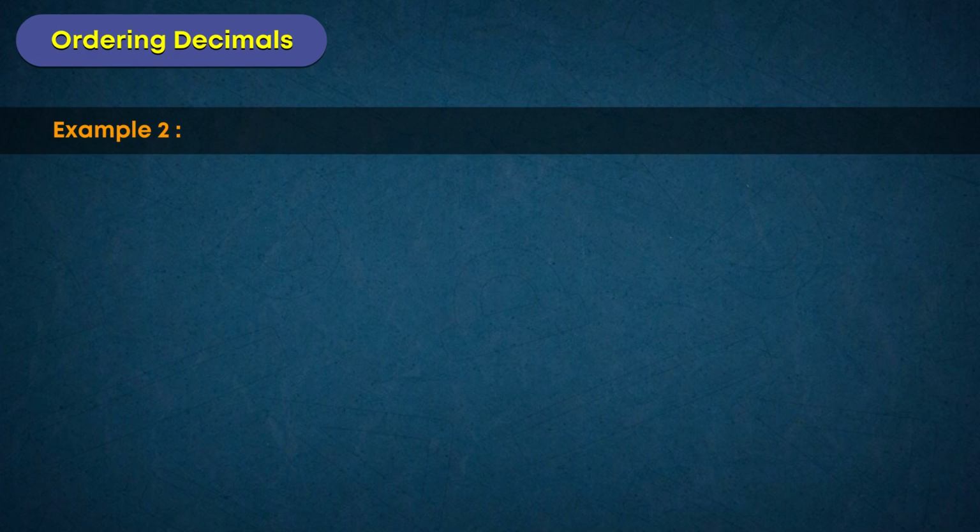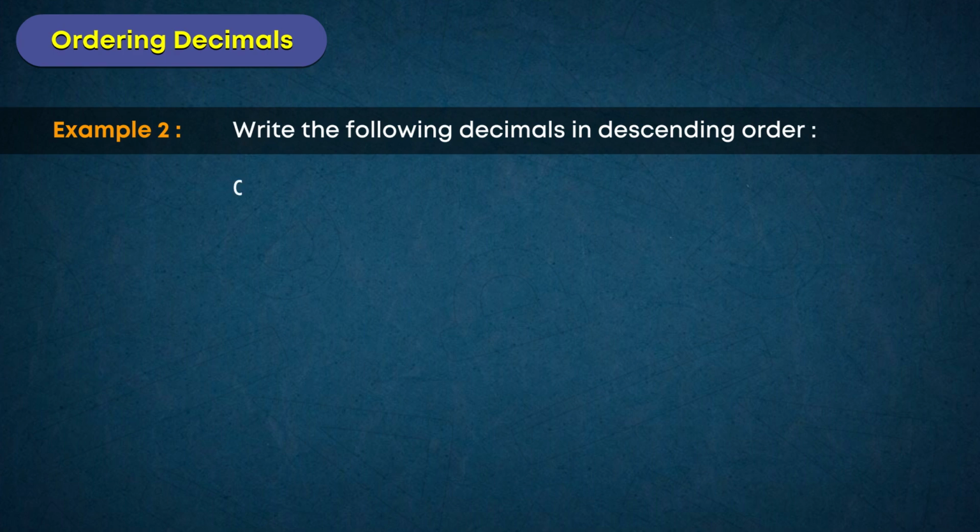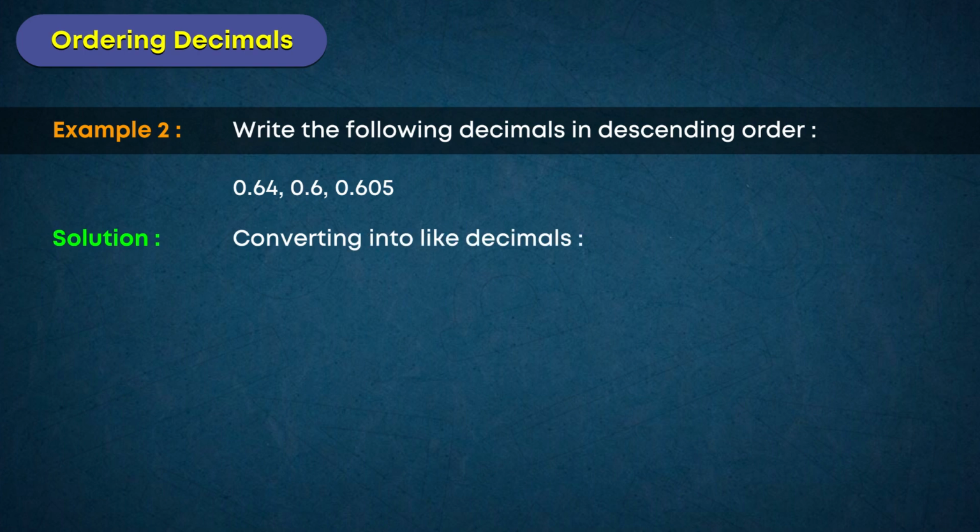Example 2. Write the following decimals in descending order: 0.64, 0.6, 0.605. Solution. Converting into like decimals. 0.64, write it as 0.640. 0.6, write it as 0.600. 0.605, write it as 0.605.